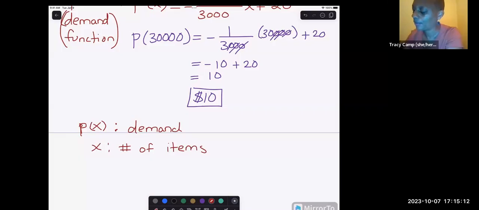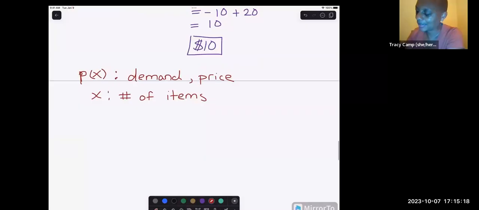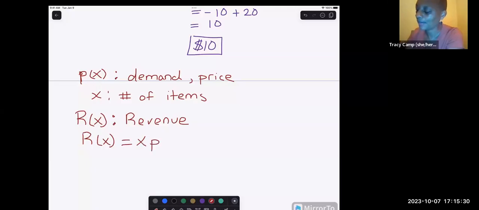P of x represents the price. And then R of x is the revenue. And R of x is equal to x times little p of x.